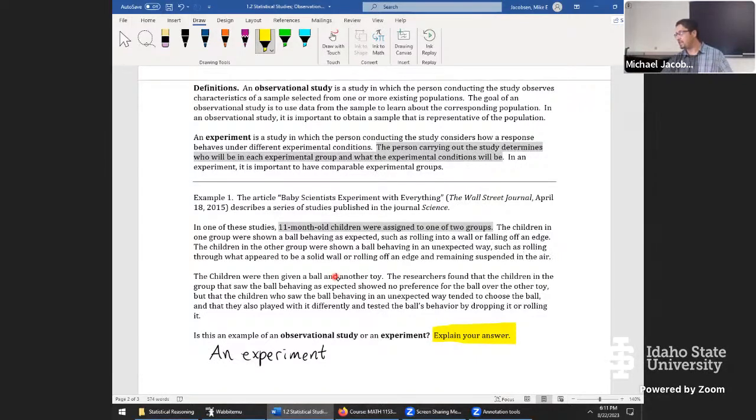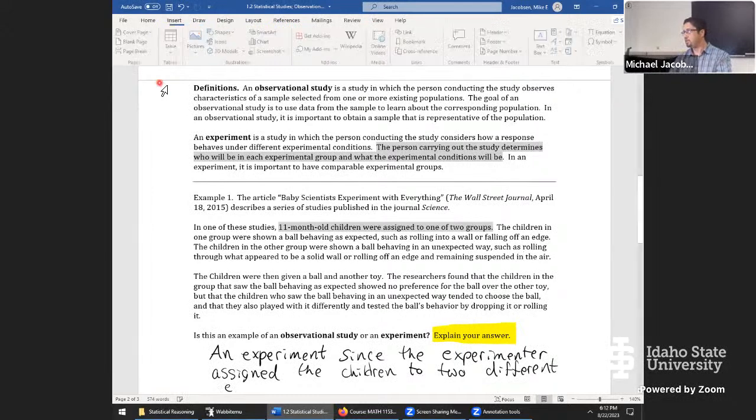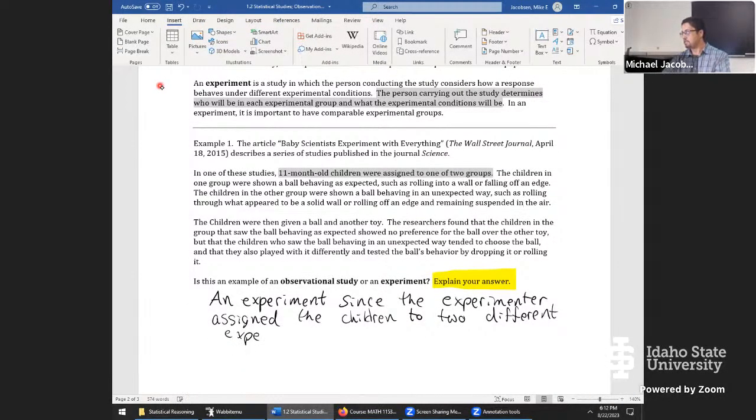So we can conclude this one by saying an experiment, since the experimenter, the person in charge of the study, assigned the children, these were 11-month-olds, to two different experimental conditions. So that would be considered a complete response, I'd say.